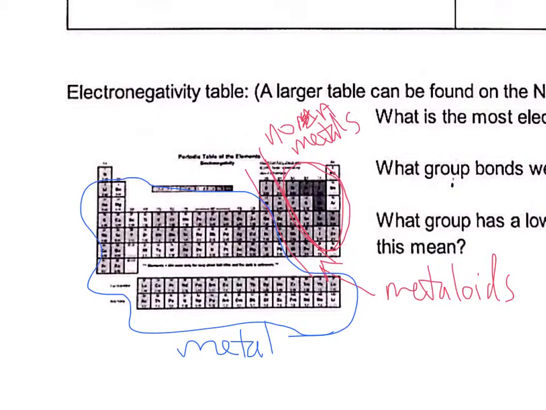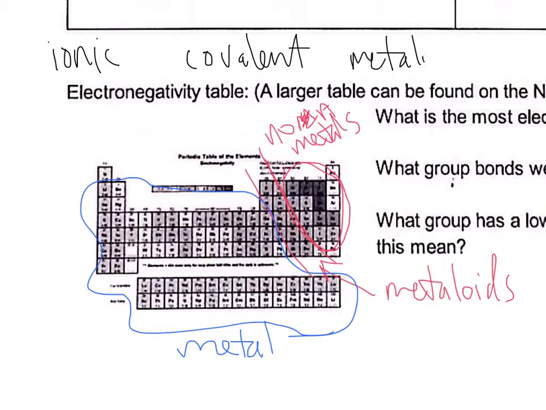On the next page we're getting into the difference between ionic, covalent, and metallic bonds. I mention them here because I can point at a periodic table. Ionic bonds tend to be between a metal and a nonmetal, and the ones that we will mostly talk about are between these and these over here.